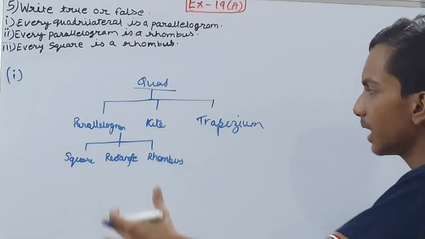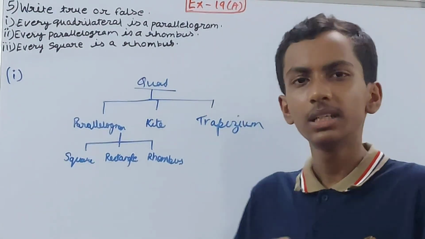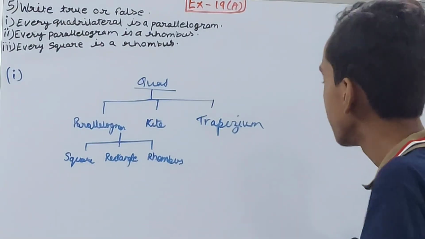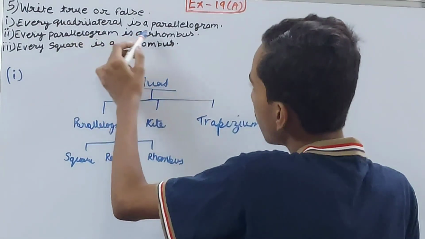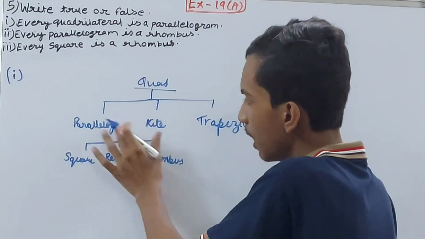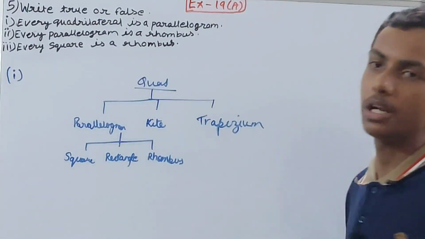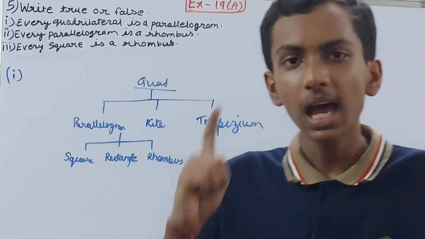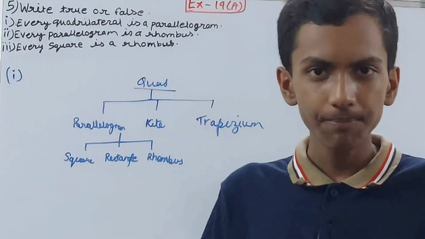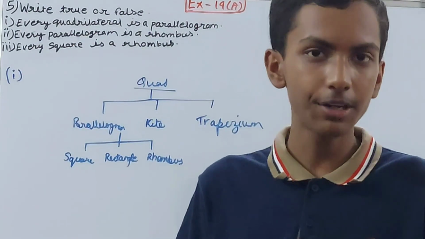In kite also there is the arrowhead, and in trapezium there are isosceles and non-isosceles trapezium, but only these are of importance to us. We will come to them later on. Now look here, every quadrilateral is a parallelogram. Every parallelogram is a quadrilateral, because parallelograms are a type of quadrilateral.